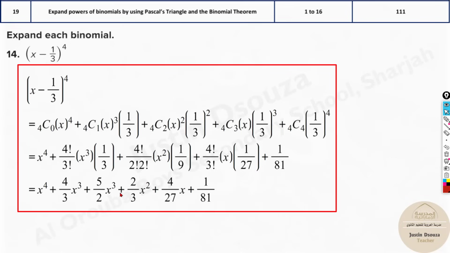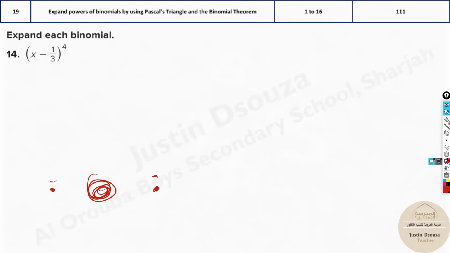And I think this is wrong over here, because see, x to the power 4, the next one will be x to the power 3. This is wrong, x to the power 2, 1. See, there's a way: if you've forgotten the sign, the first one will be positive, the next one is minus. This is a wrong term, it's not there altogether. Plus, minus, plus. So let me just solve this one.